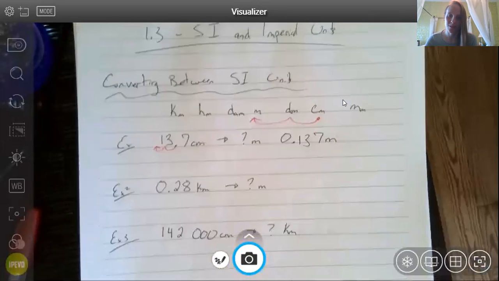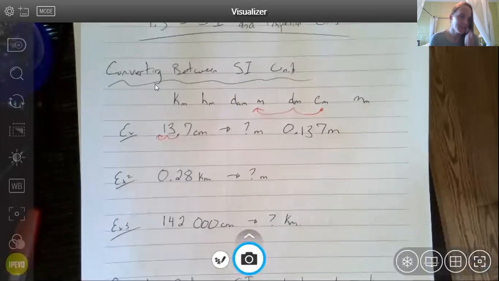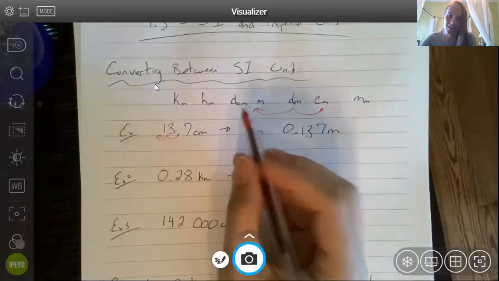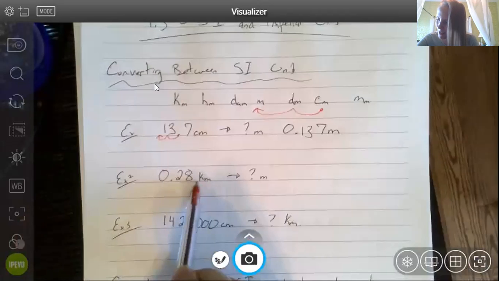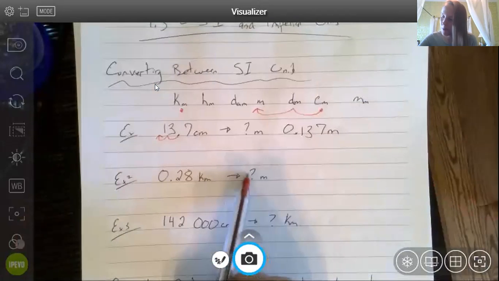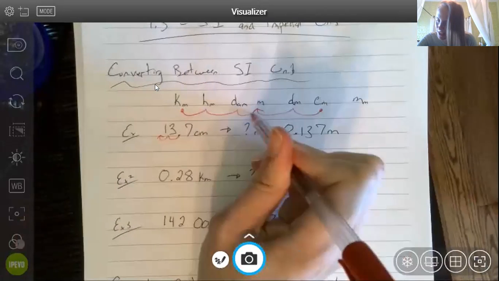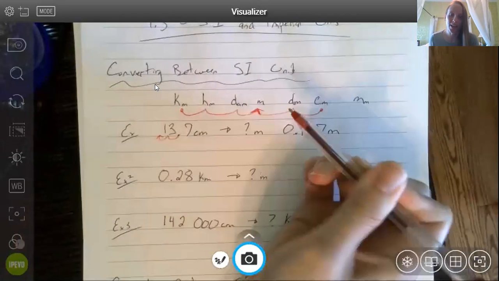In the second example here, I have 0.28 kilometers and want to know how many meters that is. So in this case, I am once again going to be starting with kilometers because that's what I'm given. So I'll start there. And once again, I'm going to be going to meters. In order to do that, I need to move 1, 2, 3 spots to the right.